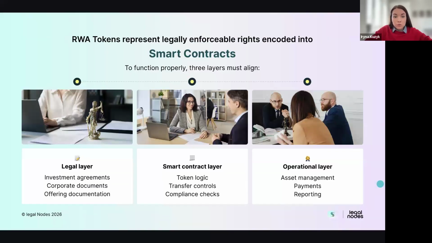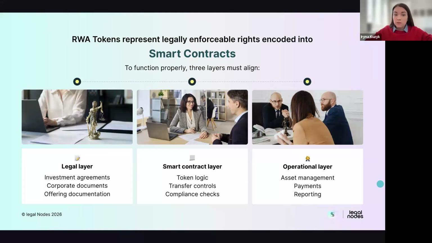Here I'd like to begin with this topic. Before we talk about what exactly goes into the smart contract, it's important to understand that an RWA token is not just a piece of code. It represents a bundle of legal rights and obligations that exist in traditional legal documentation. In tokenization, these rights are implemented across three layers.